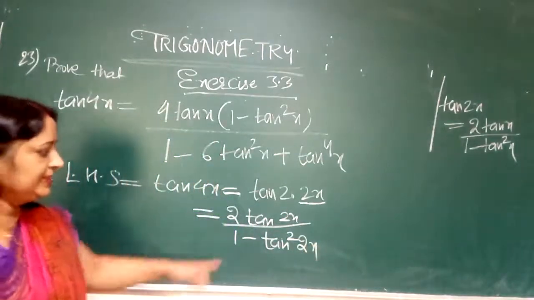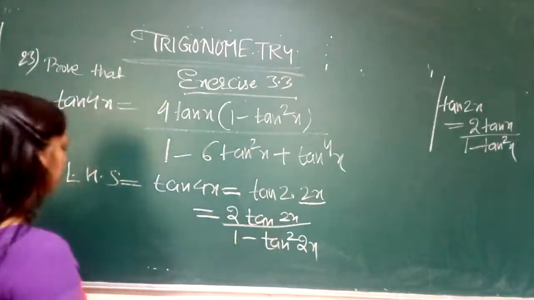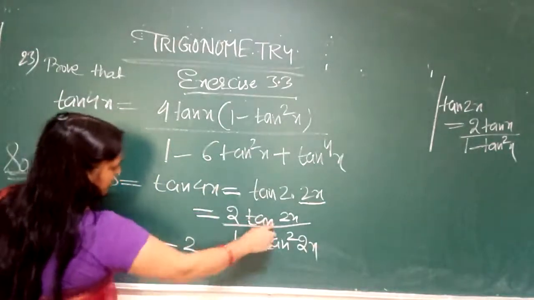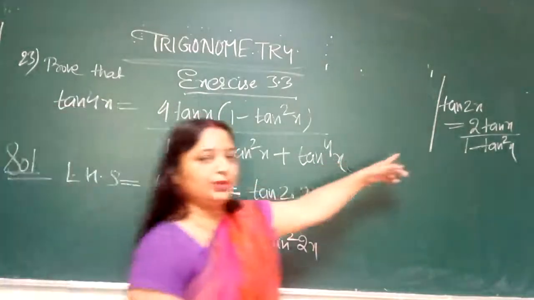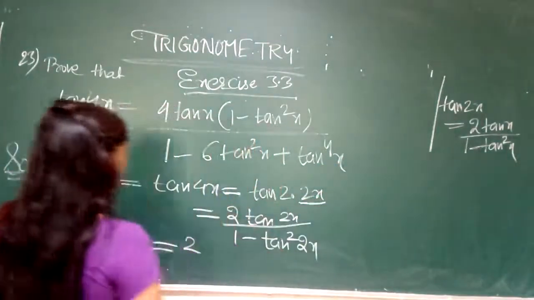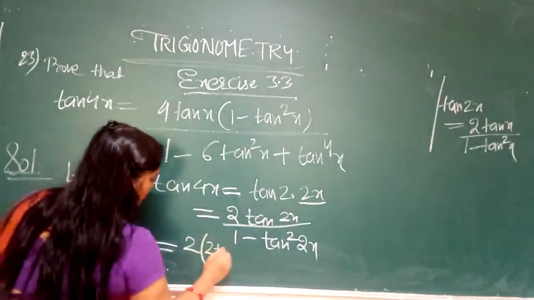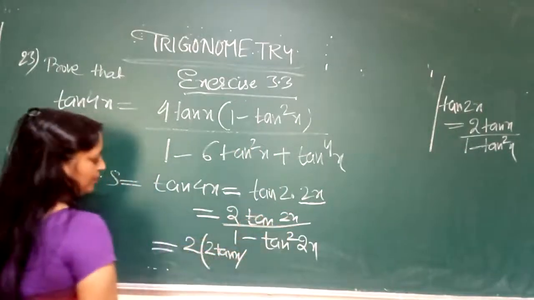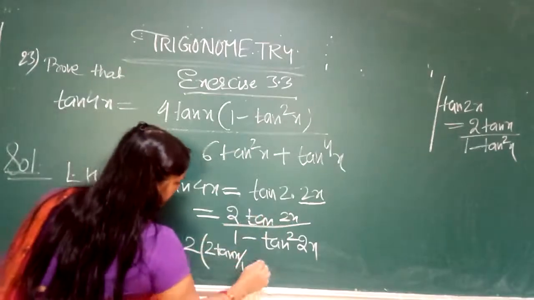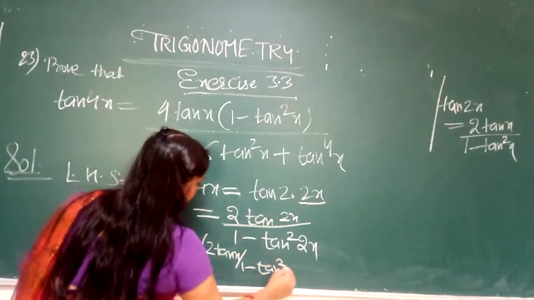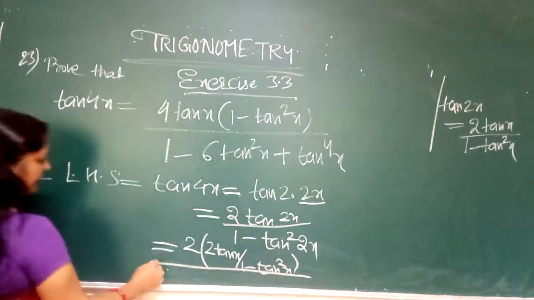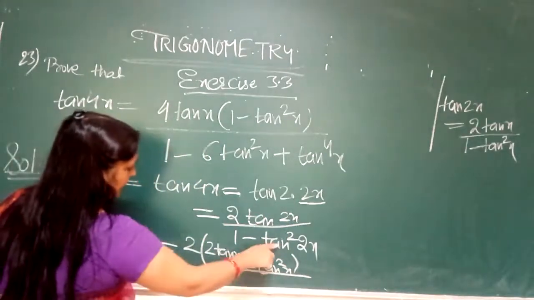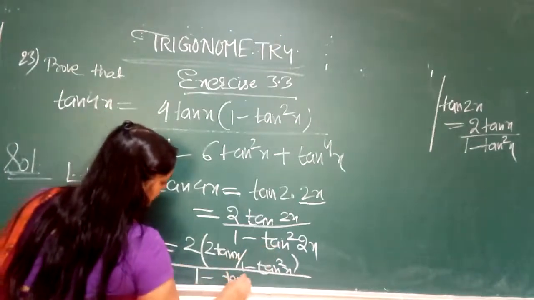After that students, here again we can apply the formula. It will come 2 into, what is the formula of tan 2x? This formula we are applying here: 2 tan x upon 1 minus tan square x. 2 is as it is. And then in the denominator, it will come 1 minus, again applying here, tan 2x whole square.